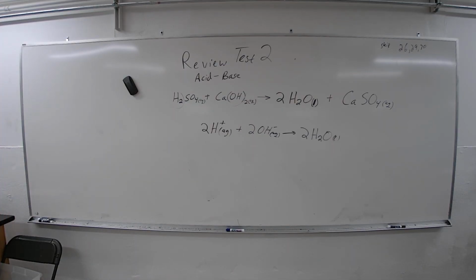So for acid base, the main thing is water. You're going to find water and then another product. So always just try to get water out of each. Your first thought should be, okay, water. That's going to be one of the products.